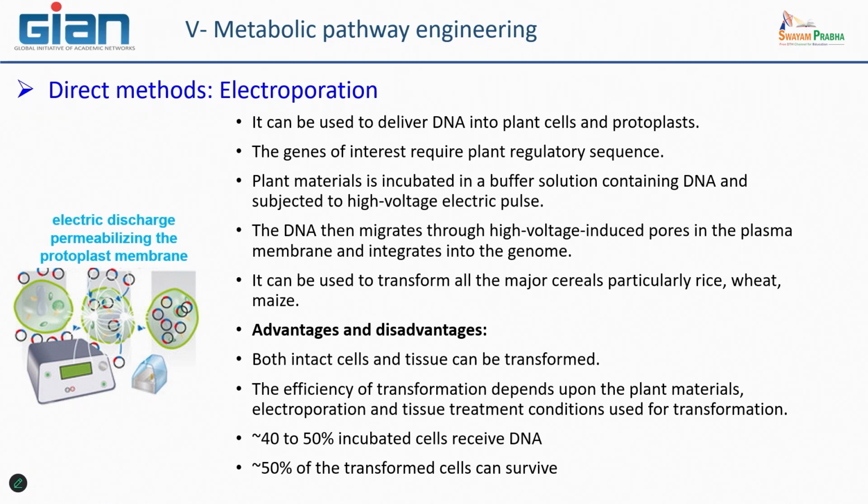And if you have some DNA in the medium of your protoplast, at this moment you can have some DNA that enters the protoplast. After that, you have to wait for the cells to regenerate the cell wall, and then cultivate these new cells in an in vitro culture system in order to see what happens.